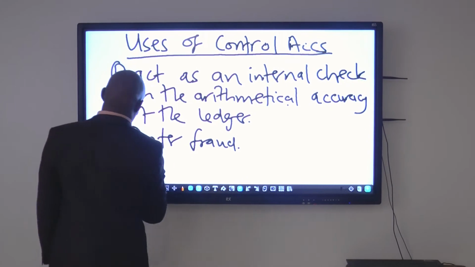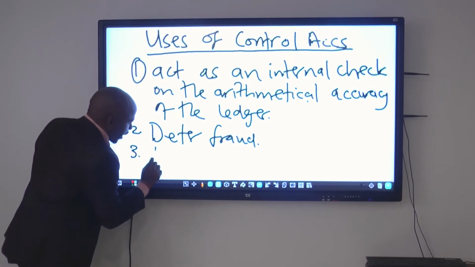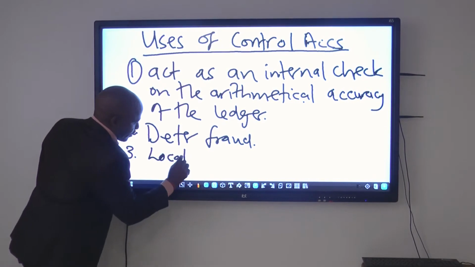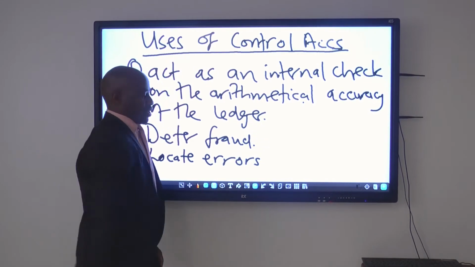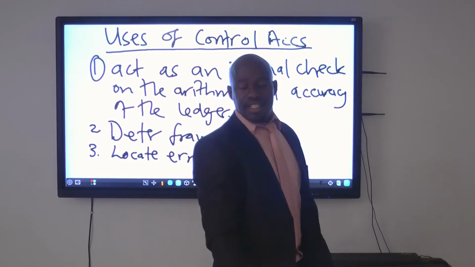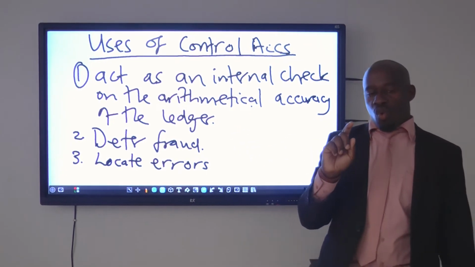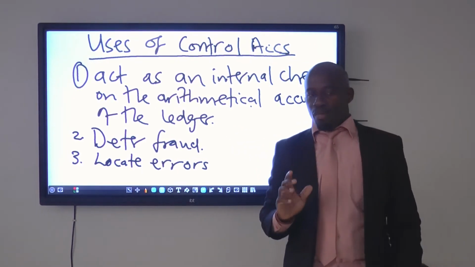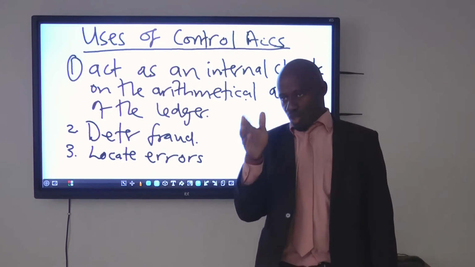Number three, to locate errors. Now, how do we do that? Remember we said a control account is a total account.